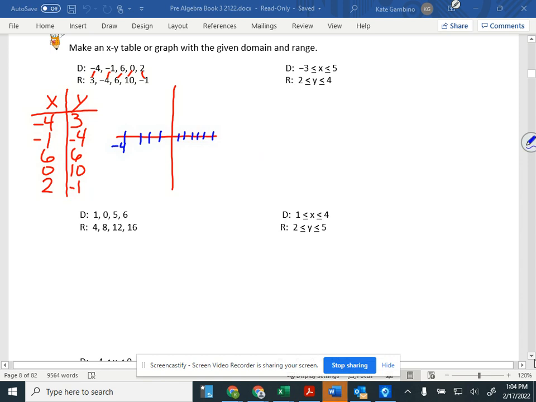So for my y, I go down to -4. I go up to 10. And then I just graph it. -4, 3. -1, -4. +6, +6.